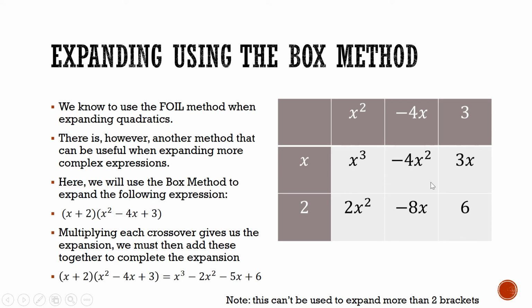And once we add these together, we can come up with the answer, which is x cubed minus 2x squared, take 5x plus 6. So this is a much simpler method than trying to use FOIL for brackets that have more than 2 terms in them. And if we start getting to a point where we've got 3 or 4 terms for each set of brackets, the box method can actually be really good.